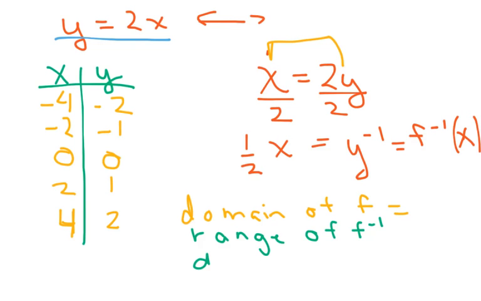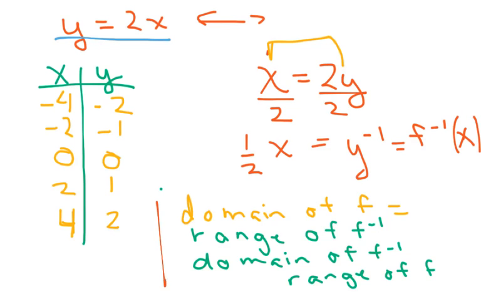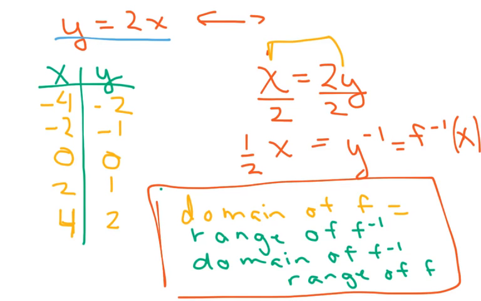And the domain of f inverse equals the range of f. Alright? All this is saying is I switched my x and y here, and so my domain and range switched. That's all it's saying.